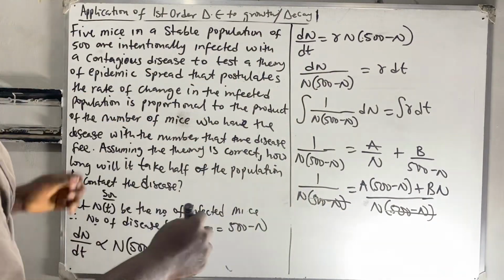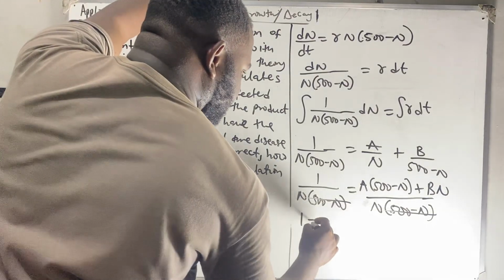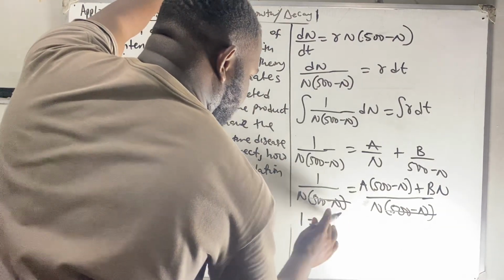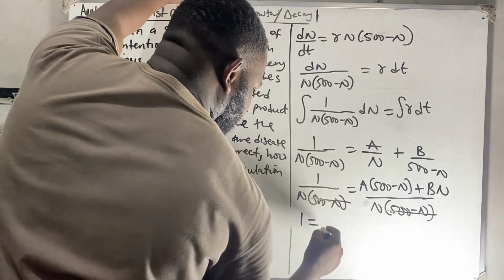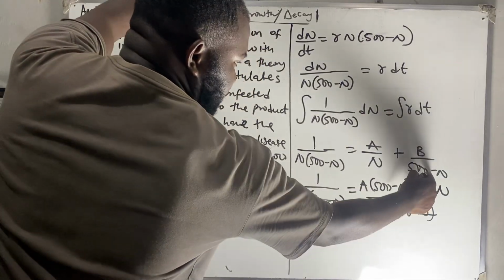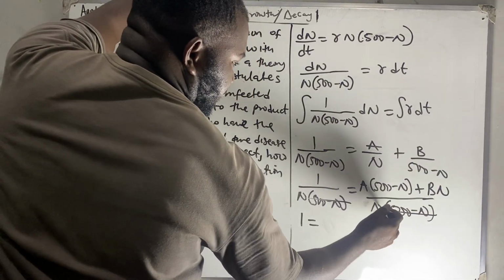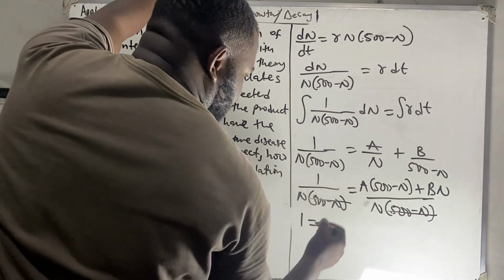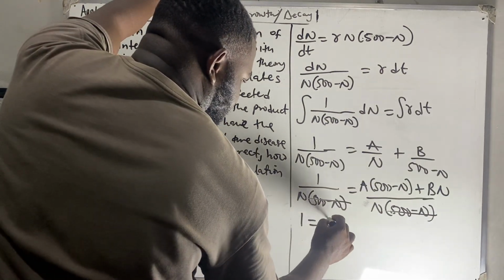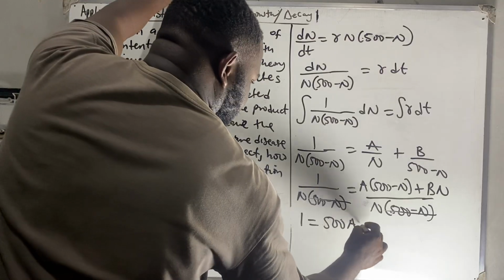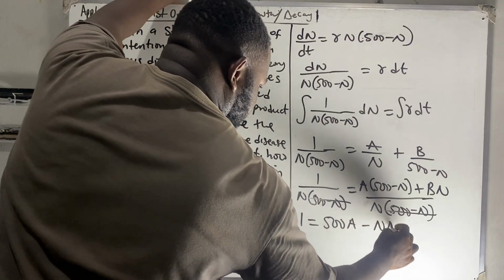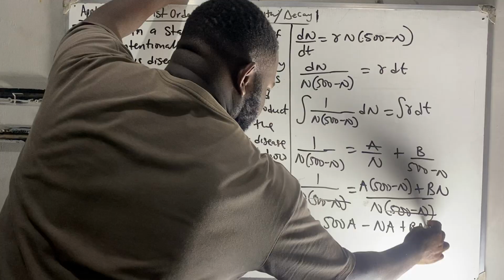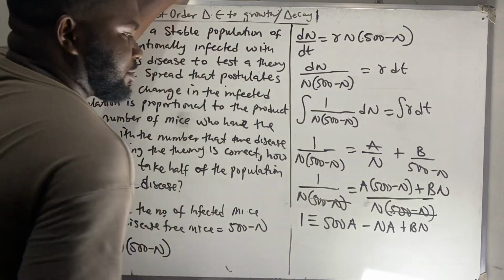So this is now that 1 is equal to 500A, clear the bracket, minus NA, because when the both of them divide this, it cancels this, remaining only N times B will give you BN. So I was the one that made the mistake. So I'm having 500A minus NA then plus BN. So let's check those that has N.